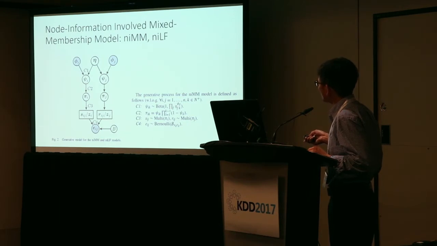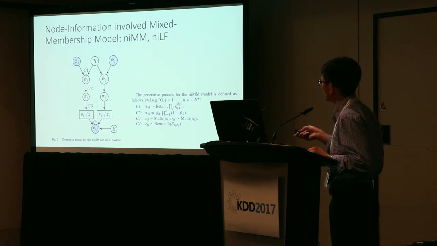This one represents the contribution of the feature F on the node i, in terms of that community K, right? Then for all the features for that node i and j, you can consider all of them, right? So the stick breaking construction has been changed. That's the second thing.